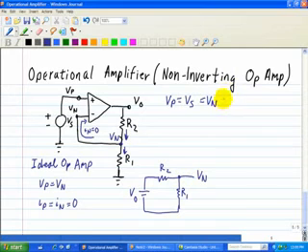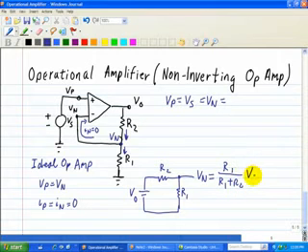So Vn, we can use a voltage divider, and that's equal to R1 over R1 plus R2 times our output voltage VO. So we can replace Vn as follows, shown here: R1 plus R2 at the denominator times VO.